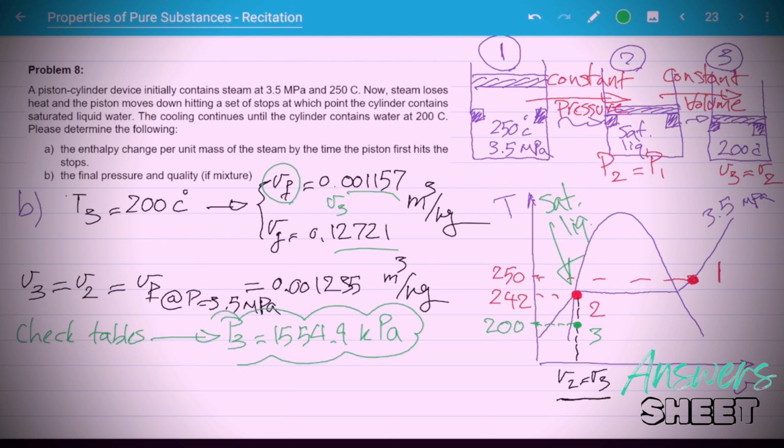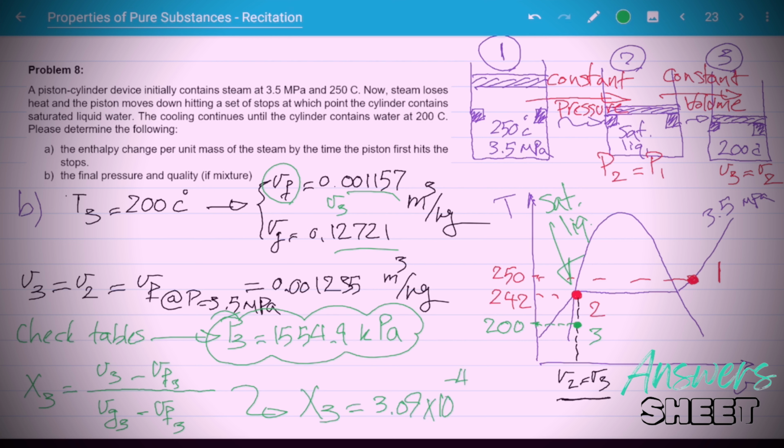Okay. Now quality is specific volume 3 minus the specific volume of the saturated liquid at state 3, over specific volume of saturated vapor at state 3 minus specific volume of saturated liquid at state 3. And if you plug in numbers, we get that the quality is 3.09 times 10 to the minus 4, or quality is about 0.03%.